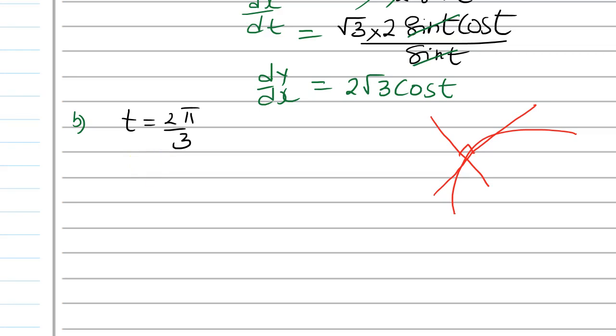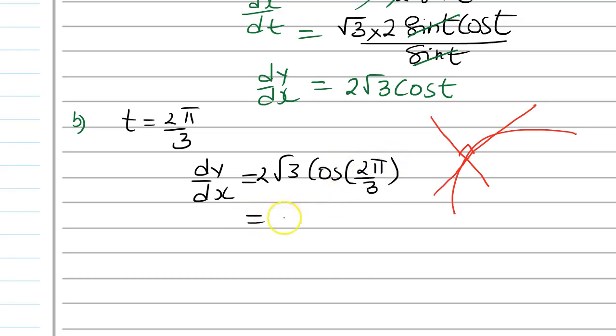So t is 2 pi over 3, so dy by dx is 2 root 3 cos 2 pi over 3. Let's put this value in a calculator. So 2 root 3 times cos 2 pi over 3, we get minus root 3. We get dy by dx as minus root 3.